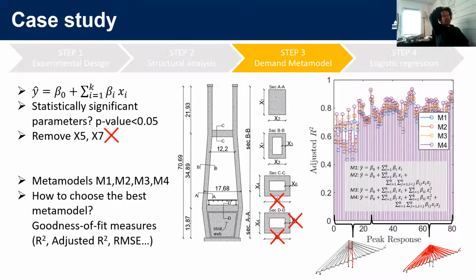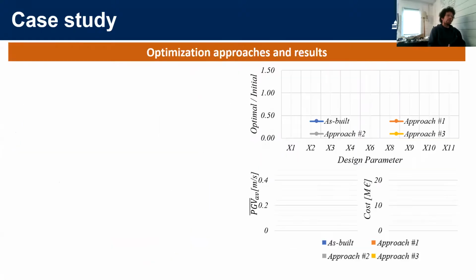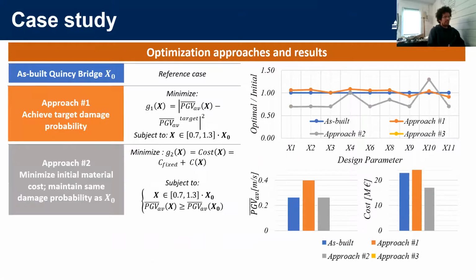Hi, yeah, thank you for a great presentation. I'm really intrigued by the difference between the approaches and the results you got. Because in both approach 1 and 3, you set the same target damage probability, so there are clearly multiple solutions to get to that target.